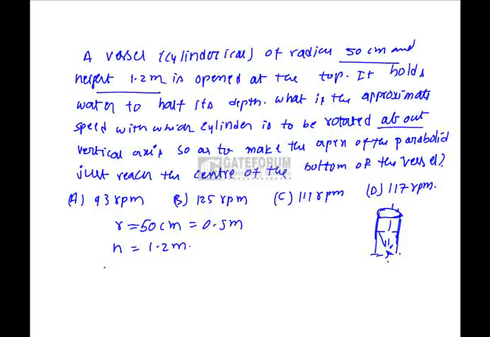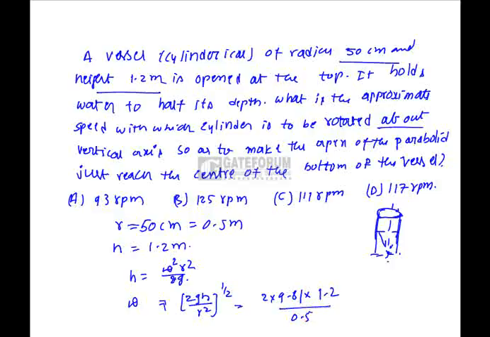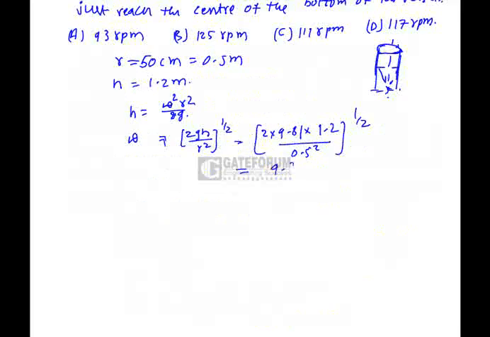We have to find ω = (2gh/r²)^(1/2) = (2 × 9.81 × 1.2 / 0.5²)^(1/2), that is 9.7 radians per second, the angular velocity.